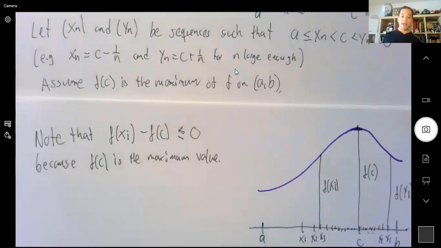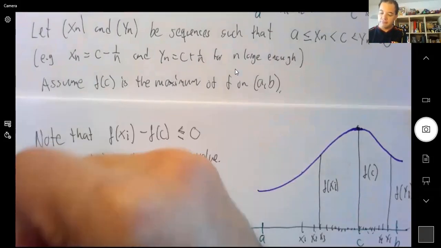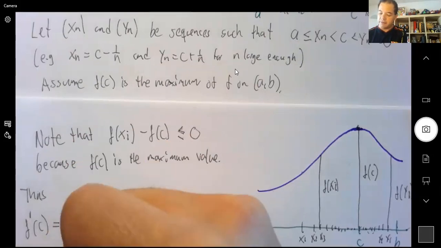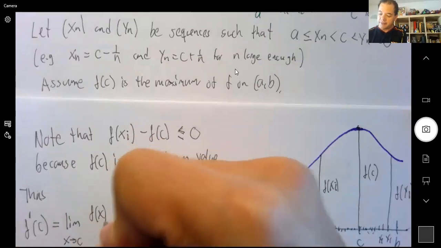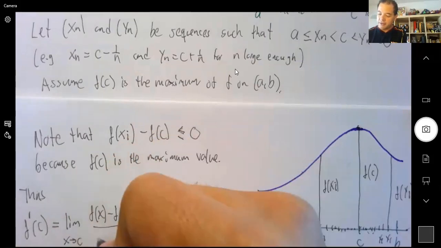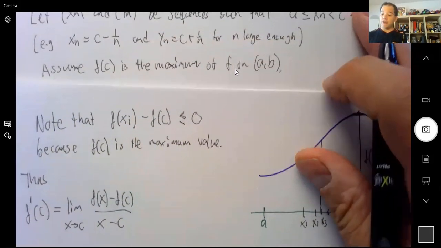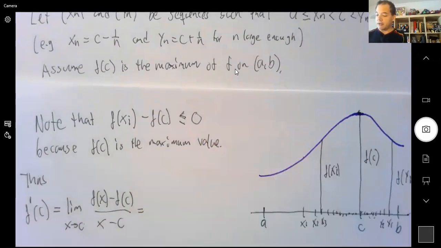So now we want to relate it to the derivative at c, right? So what is the derivative at c? Well, the derivative at c by definition is the limit when x approaches c of f of x minus f of c over x minus c, correct? And in particular, I can do this limit with any sequence that approaches c. So I can pick sequences.